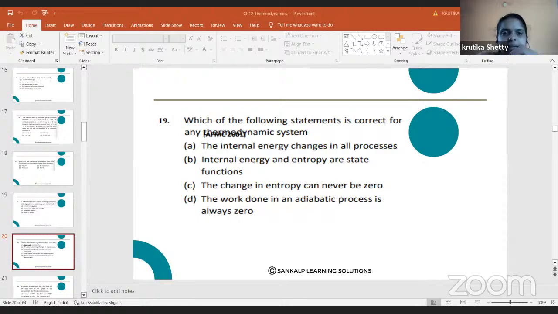A, the internal energy changes in all processes. B, internal energy and entropy are state functions. C, the change in entropy can never be zero.